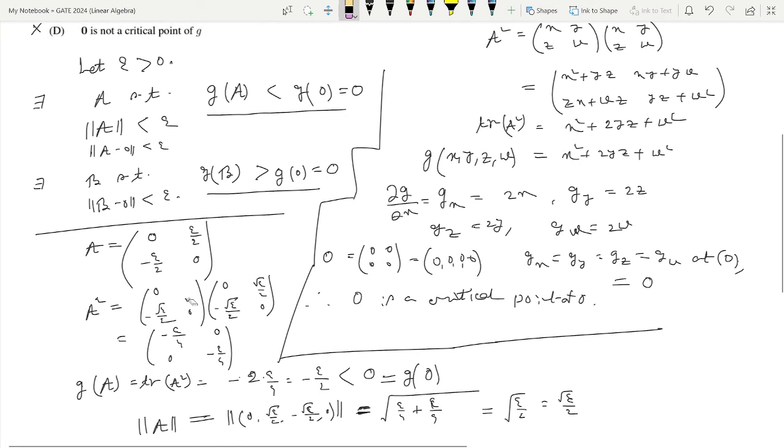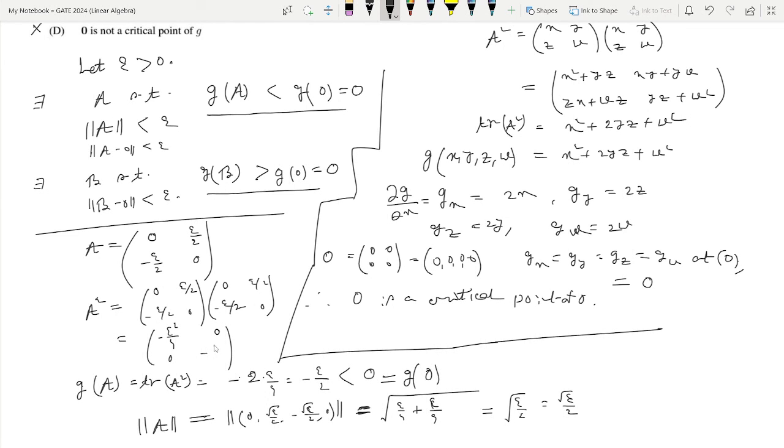Then this will be epsilon by 2, this will be epsilon by 2, epsilon by 2, minus epsilon by 2, and then finally this will be minus epsilon square by 4.